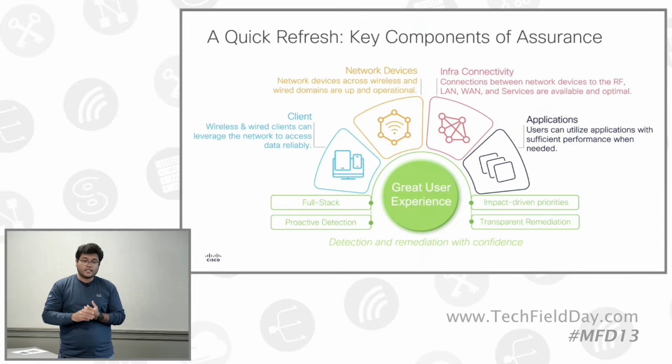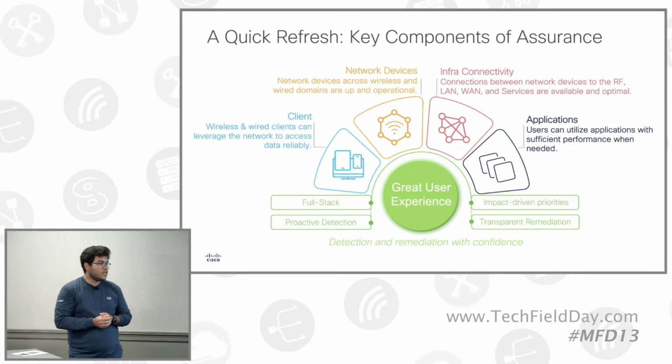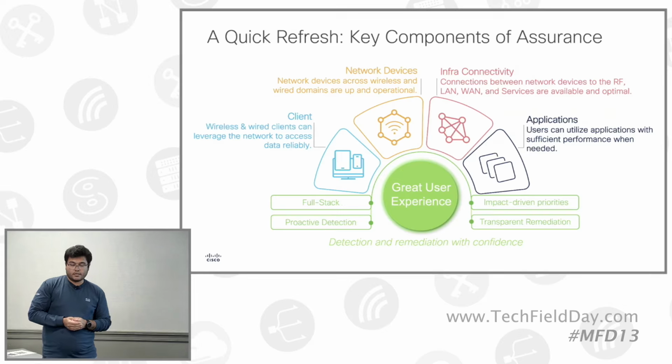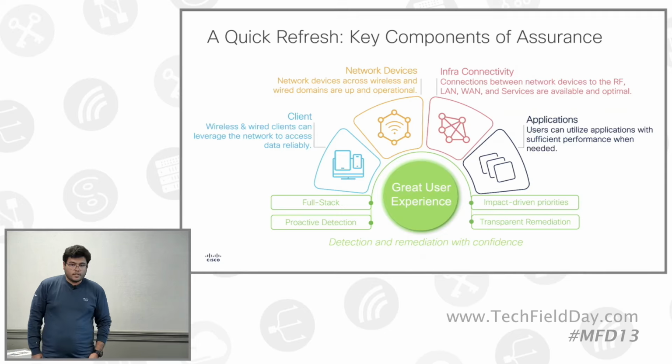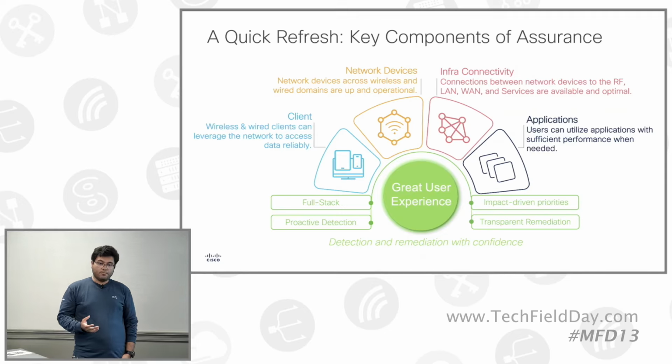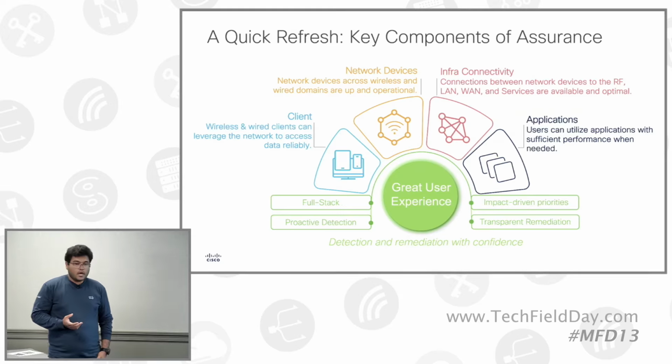Now, last time in this forum, we talked a lot about the direction the assurance is taking strategy-wise, right? And that was mainly focusing on leveraging various Cisco technology, how we can use those and build a sophisticated assurance solution, a solution that works for full stack visibility, a solution that can provide our customers visibility into their user experience, right?